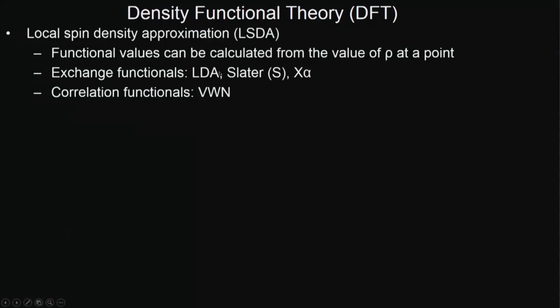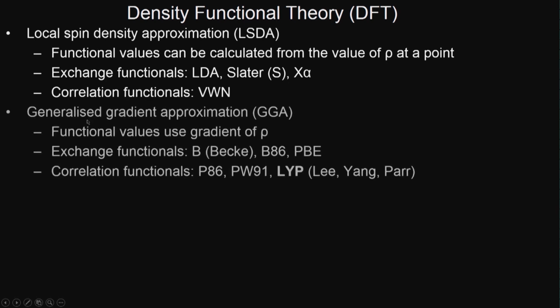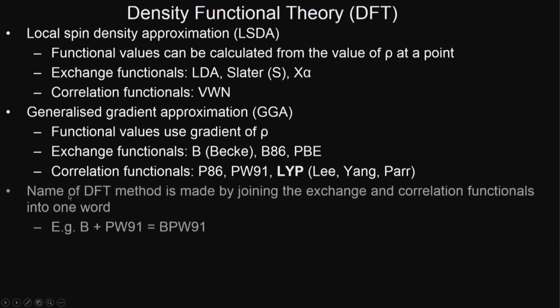So, in density functional theory you have the local spin density approximation. The functional values can be calculated from the value of rho at any point. Exchange functionals: local density approximation, Slater; correlation functionals; generalized gradient approximation, where functional values use the gradient of rho, with exchange functionals and correlation functionals.